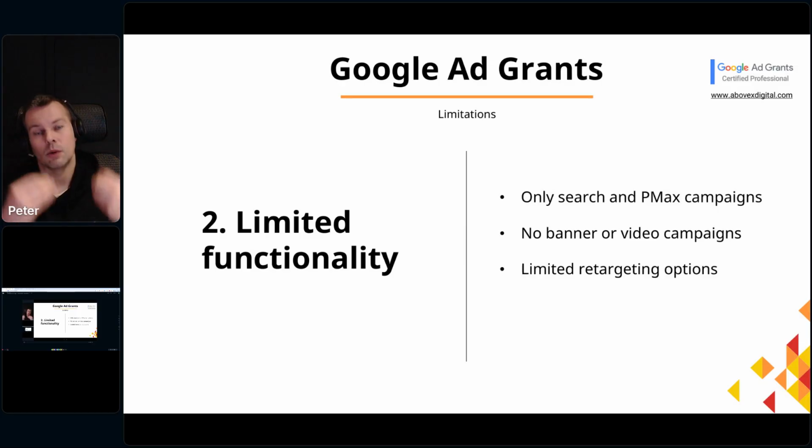When somebody visits your website and then leaves, you should follow them with banners, and that's how you can increase visibility and the chances for that person to click on the banner and come back. Doing that with search campaigns would mean that person, after visiting a page, would need to type one of your keywords in and be in the retargeting audience, and there's just not that many people doing that. So technically speaking, you can do retargeting ads, but it's very limited.